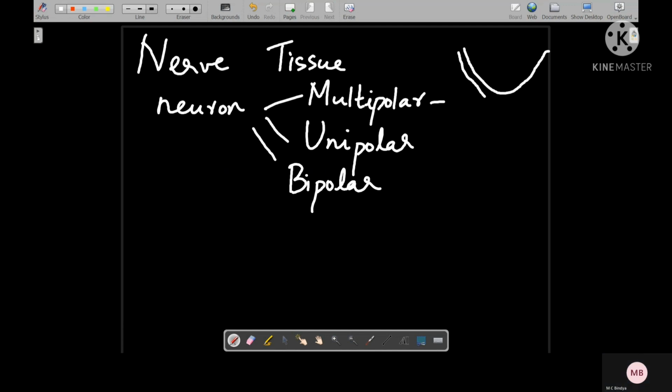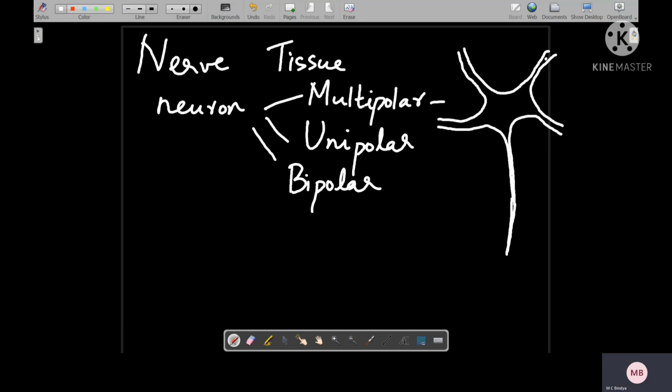and they have many branched processes like this, which are called dendrites. And there is a long process which is called axon.